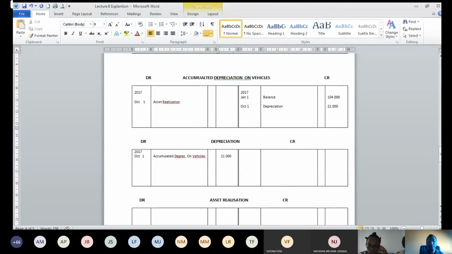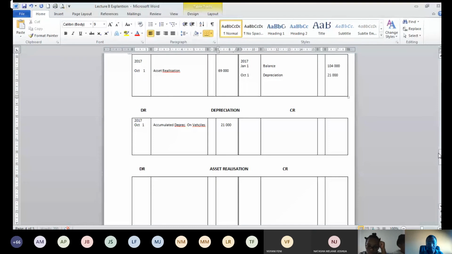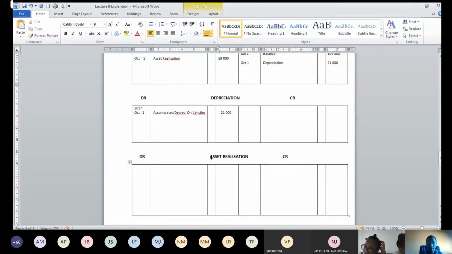And the amount is 69,000. The total accumulated depreciation on the date of the asset realization. Your asset realization account must have a credit entry. 2017, the 1st of October, you credit this account then.